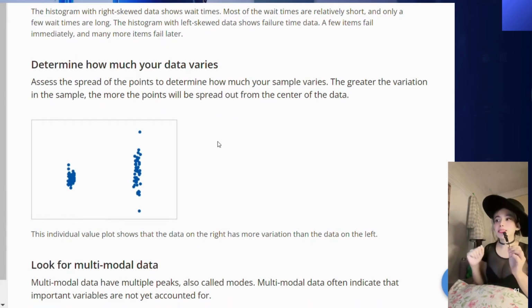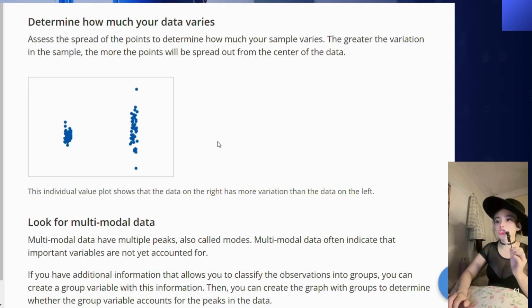But looking at this, assess the spread of the points to determine how much your sample varies. The greater the variation in the sample, the more the points will be spread out from the center of the data. So, of course, again, this is interpreted in one picture. It's amazing. The individual value plot shows the data on the right has more variation than the data on the left.